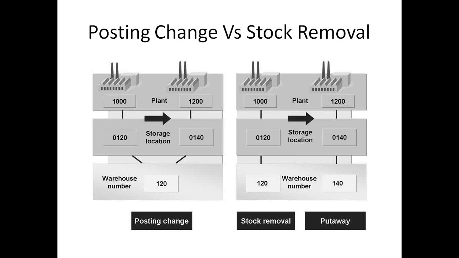On the left side, posting change always happens and a posting change notice document is created. But the right side, a kind of hierarchy, this kind of structure, always has the stock removal process. It means there will always be two TRs generated, one for stock removal and second for put away. Got it? Can you go to the previous slide, please?